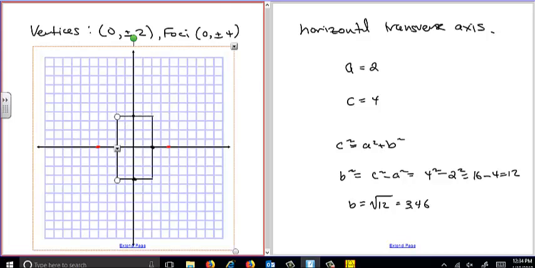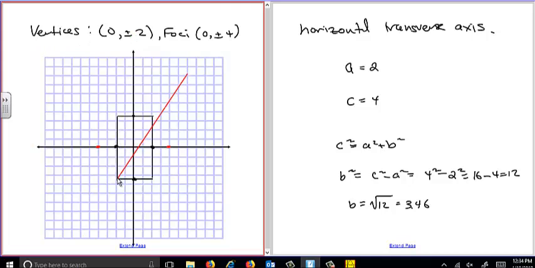Okay, that looks pretty good. And then we can draw our diagonals for the asymptotes.